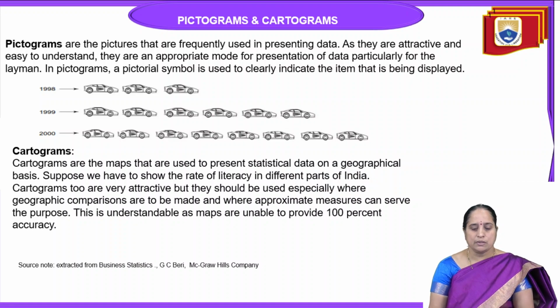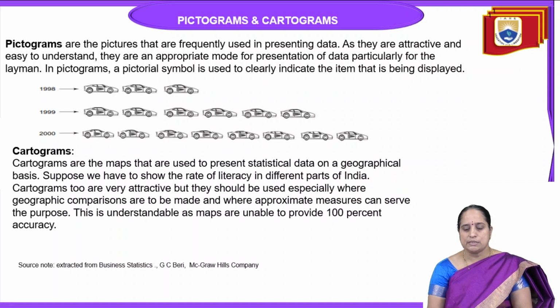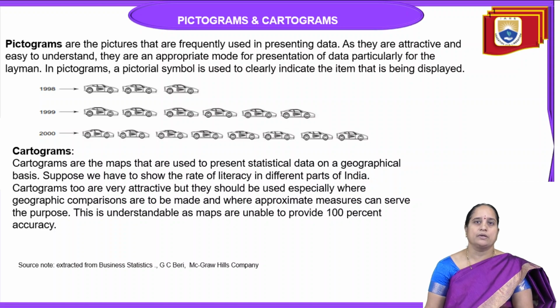So cartograms are very attractive, but they should be used especially where geographical comparisons are to be made and where approximate measures can serve the purpose. This is understandable as maps are unable to provide 100% accuracy. It may not be possible with cartograms.